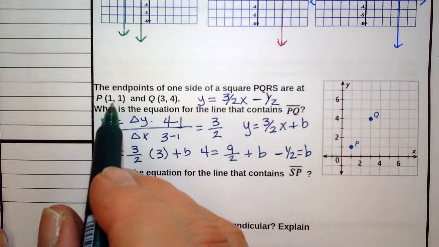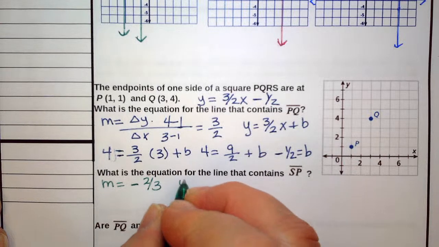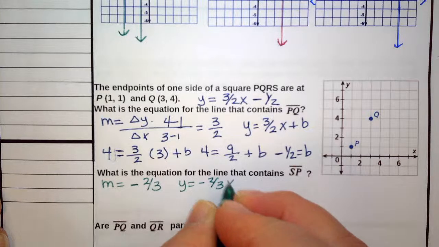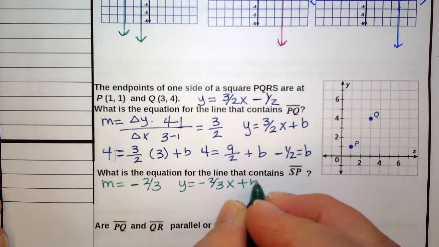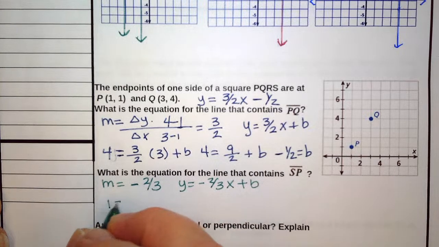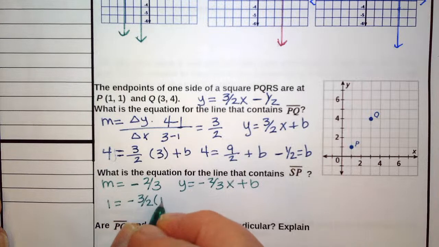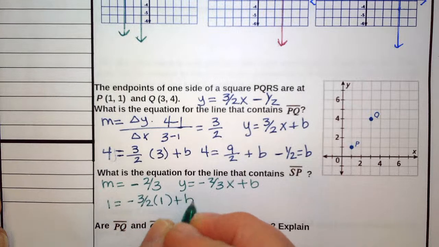We have to use the point P. So y equals negative 2 over 3 x plus b. 1 equals negative 3 over 2 times 1 plus b.